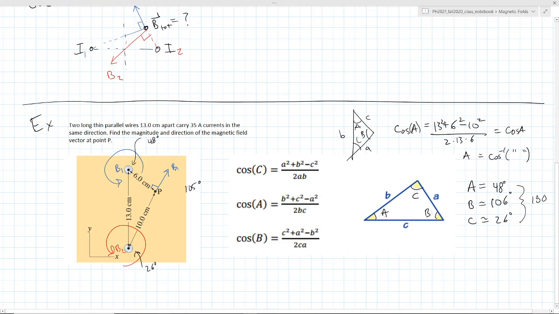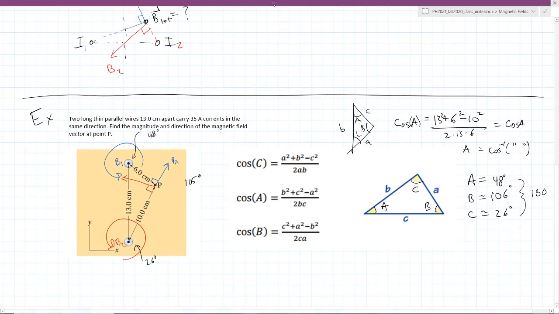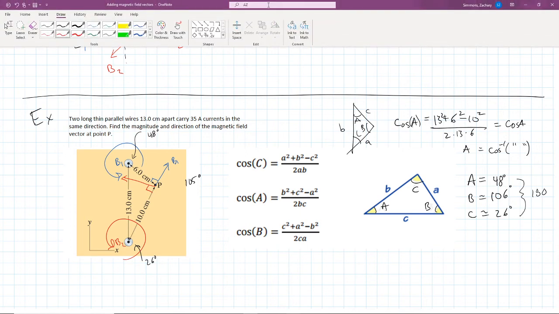And then at point P, it's going to have to be perpendicular to this line. So it's going to look kind of like this. And actually, let's try and make this slightly more accurate.